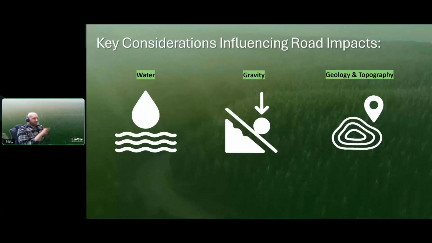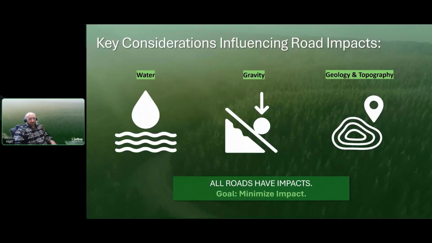So hopefully I'm doing a reasonable job of emphasizing that this does matter. And I think the next thing to talk about is, well, what's actually influencing the outcome of this? And really, from a road standpoint, water, gravity, and geology, topography are really going to be your driving factors to consider performance.